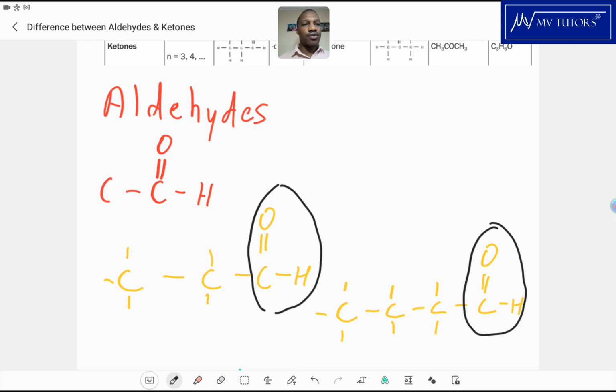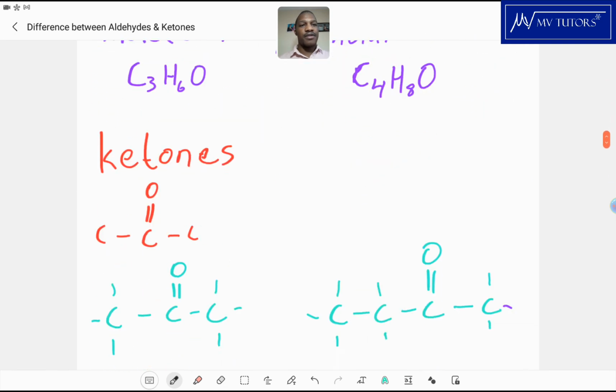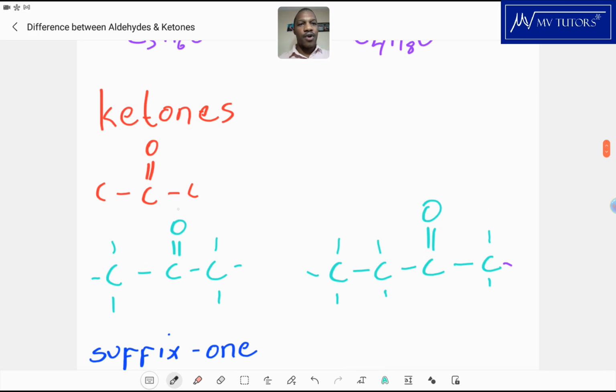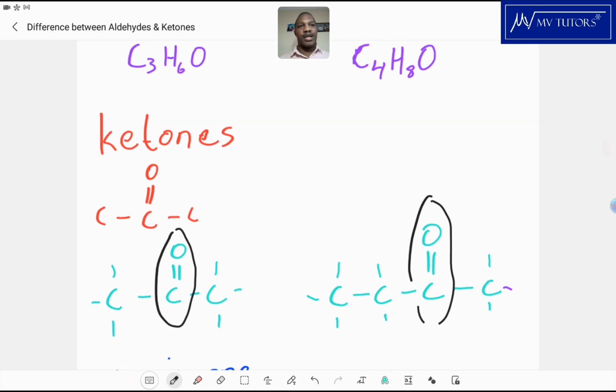If the functional group, the O, is at the end, then that makes it an aldehyde. But if the functional group is somewhere in the middle, not at the end, then that makes it a ketone. So the difference is the position of the functional group. If it's at the end, it's an aldehyde. If it's somewhere in the middle, it's a ketone.